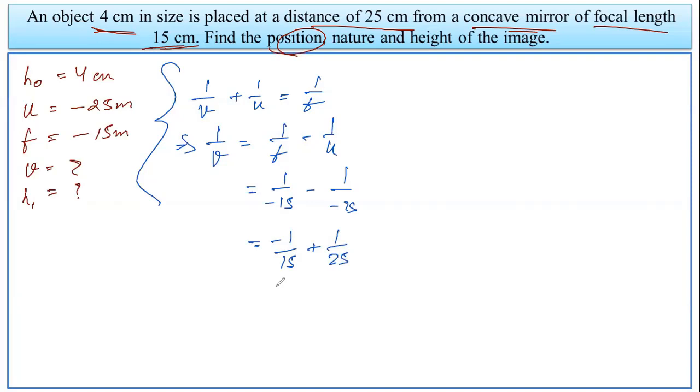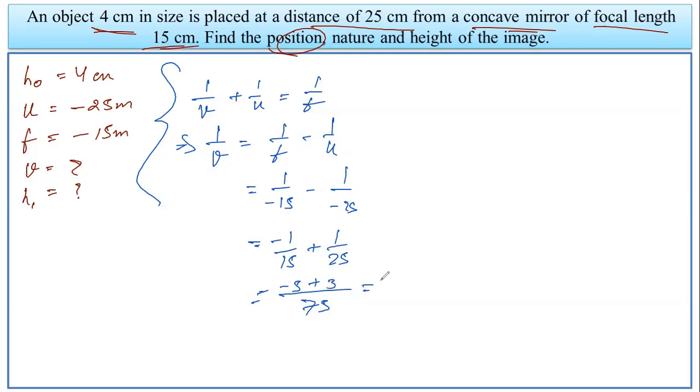When you calculate the LCM of 15 and 25, what would that be? 125 or 120 or 75? Yes, 75 would be the LCM. So with 75 as the LCM, over here it's minus 5, and over here you get plus 3.